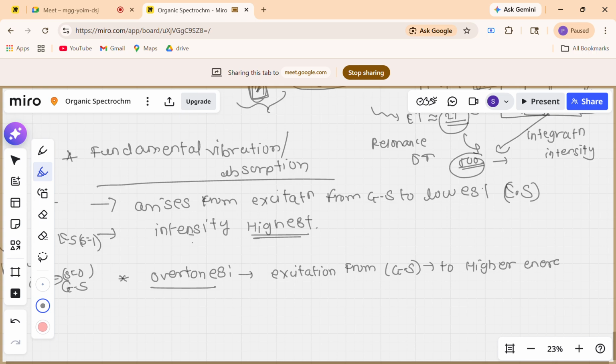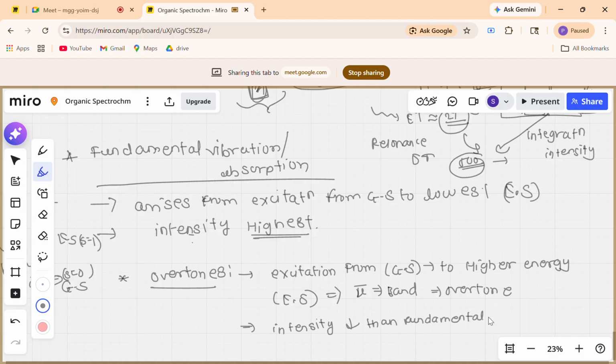Then the second term is called the overtone. What is the overtone? We are doing the excitation from the ground state to a higher energy excited state, then the corresponding integral multiple of the fundamental frequency band that you get, and the corresponding band or spectral intensity you observe, is called your overtone.